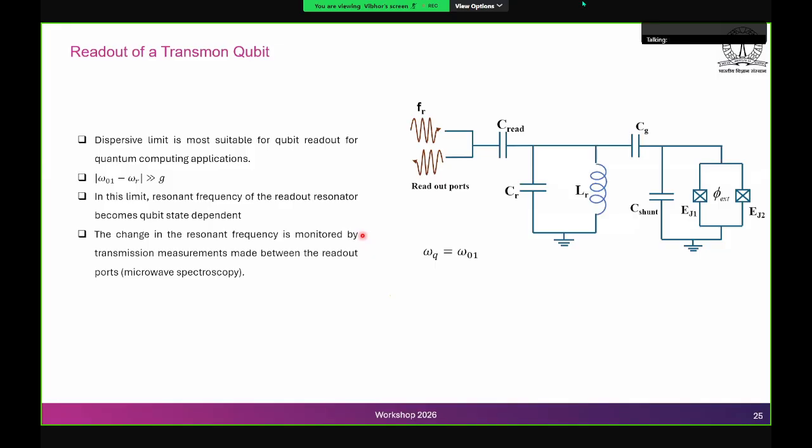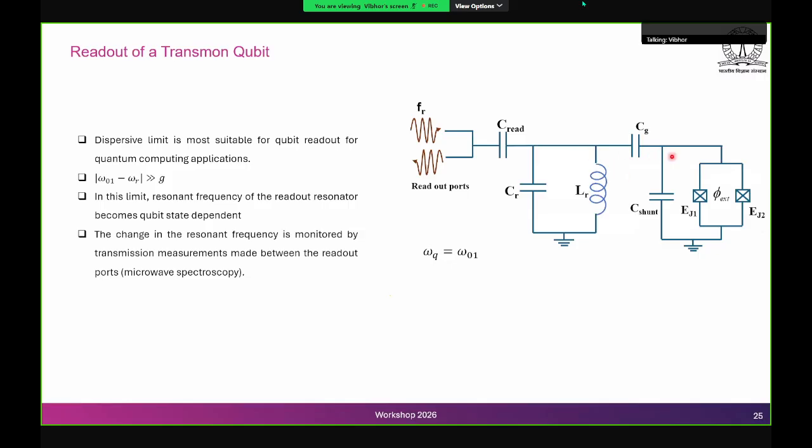Now, in order to implement the readout of a transmon qubit, you take the qubit, which is represented here by these two junctions and this capacitor, and you put another mode which couples to it through some capacitor, or it could even be inductive.